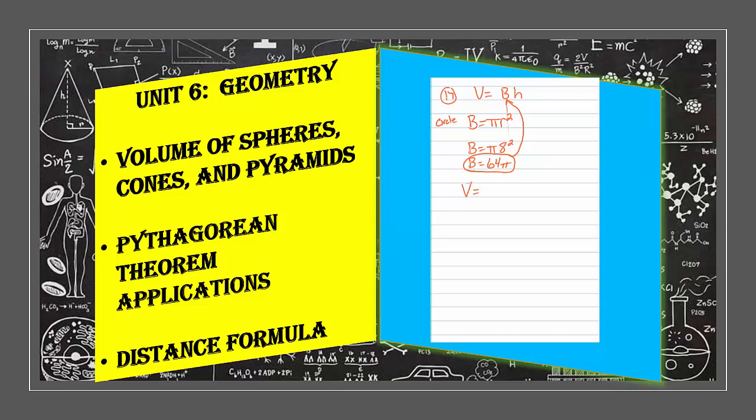And we're told that the height is 6. And now we can multiply these values together, where my volume is equal to 384 pi centimeters cubed. Now that's going to be my exact solution because it has pi present in the solution.